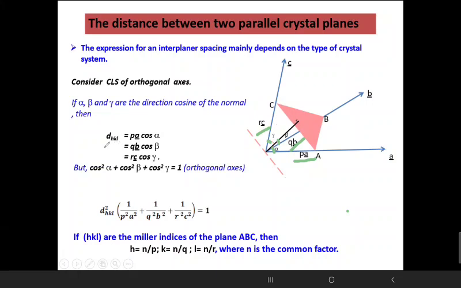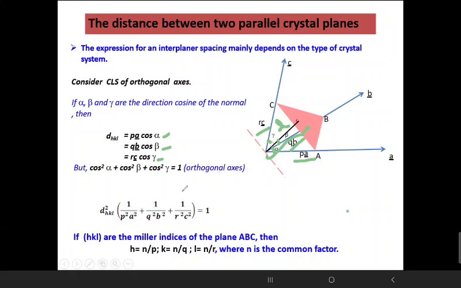So, DHKL can be written as PA cos alpha, QB cos beta, RC cos gamma. This is your DHKL. That means this orthogonal distance is D. So, PA cos alpha, QB cos beta or RC cos gamma.